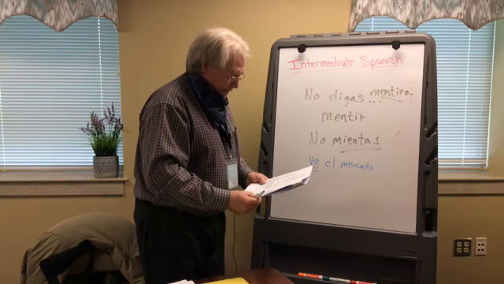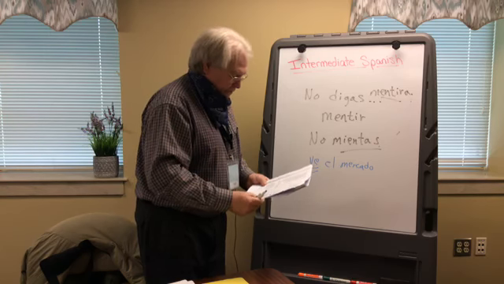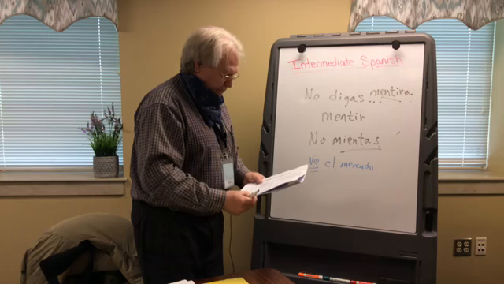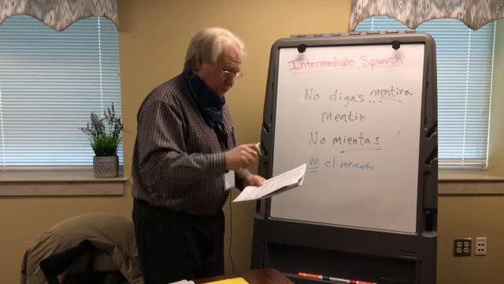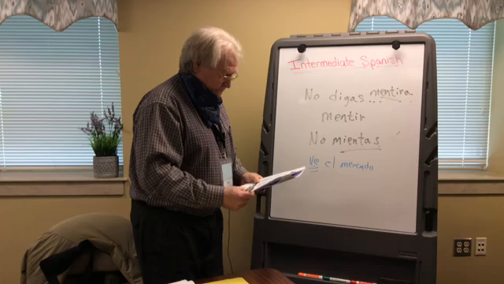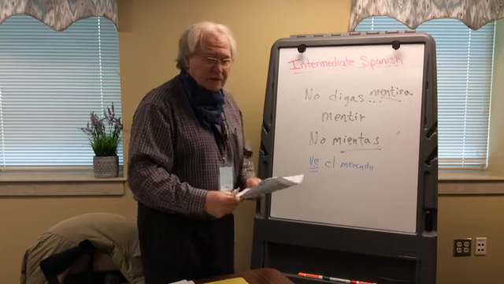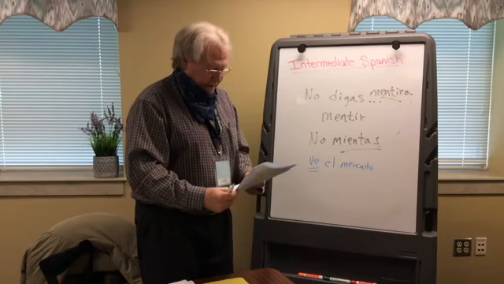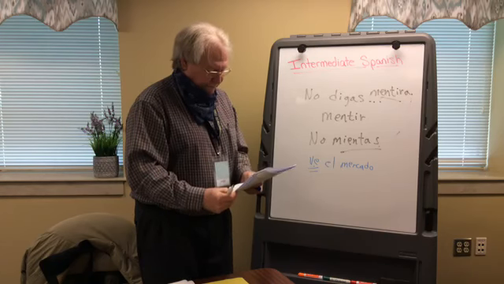As you can see, we have ve al mercado, go to the market, and the next one we have Ramón, ve esa película, see that movie. Same form, two different verbs. I'm pointing these things out that can be confusing, so even though they've juxtaposed them, you can see why.